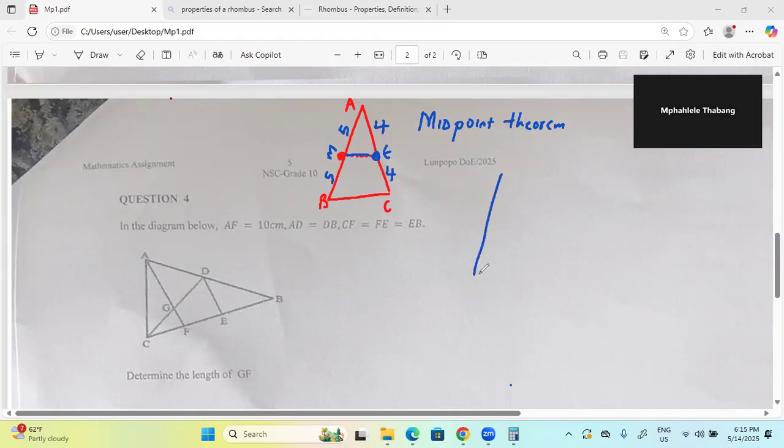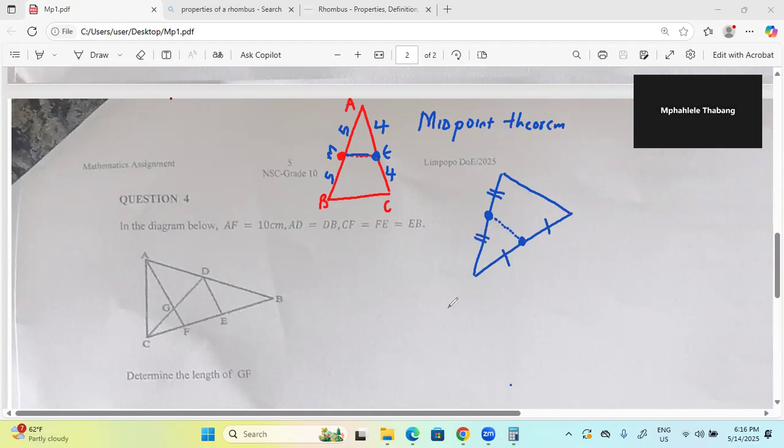Let me do this. This is a triangle. If there is a line which connects these two other sides like this, and it divides this side equally, and this other side also equally, then we talk about the midpoint theorem.